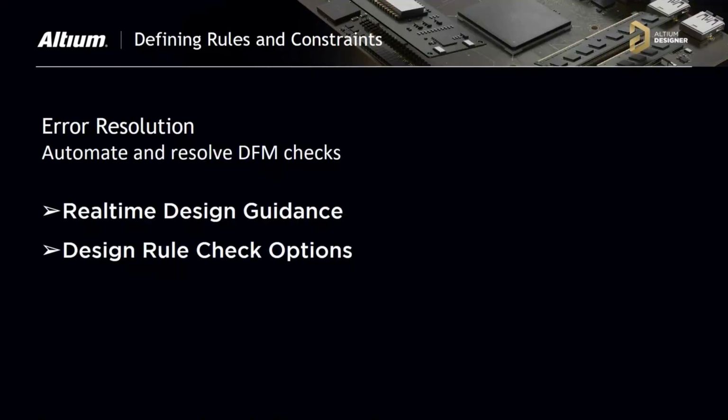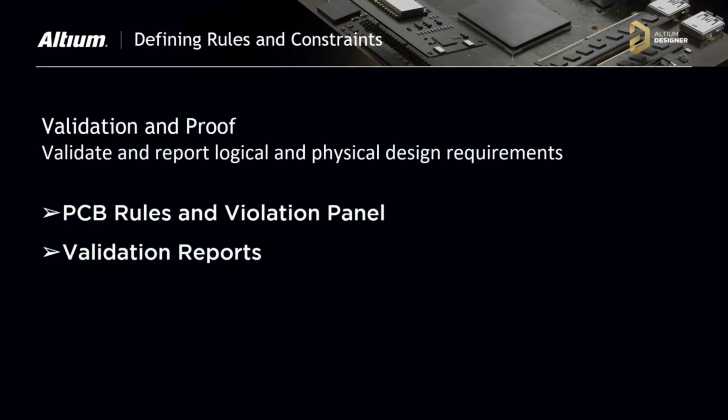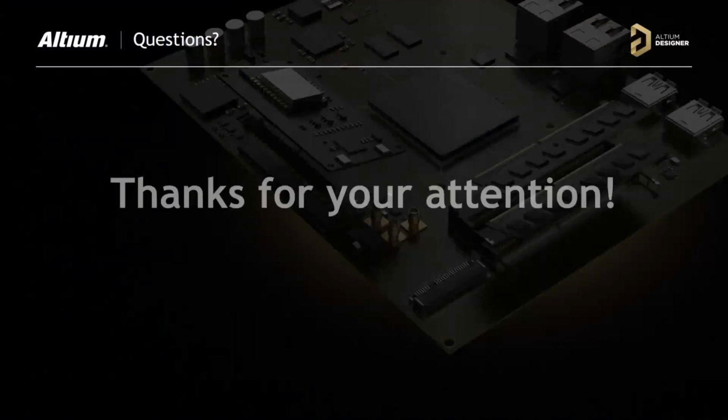We have also showcased how we can trace the design rule violations by using the PCB Rules and Violations panel, and also how we can generate a report which will help you prove that your design has met all your initial requirements. These are all we discussed during today's webinar.